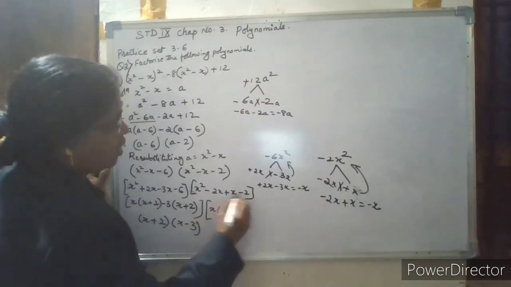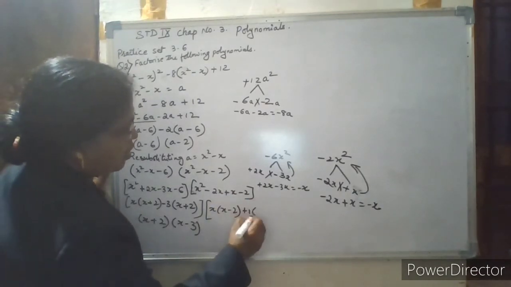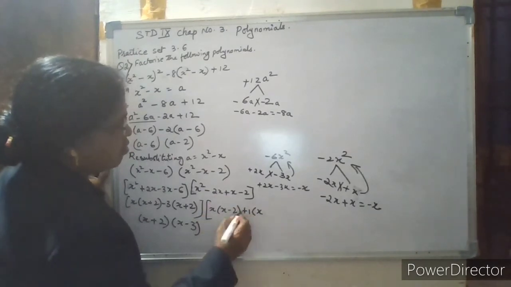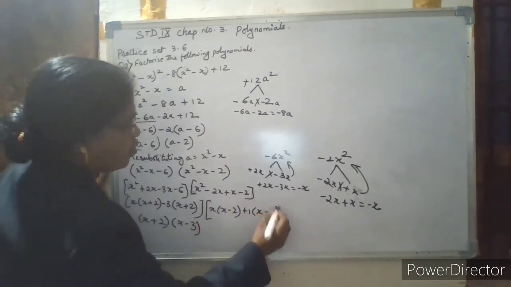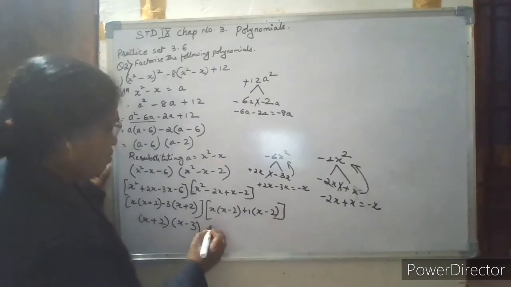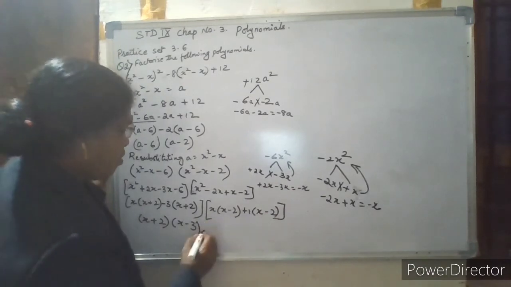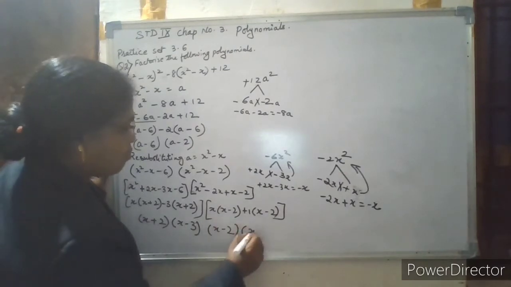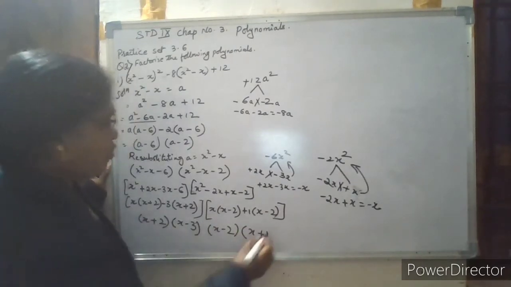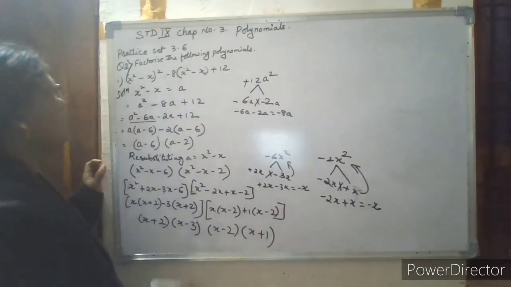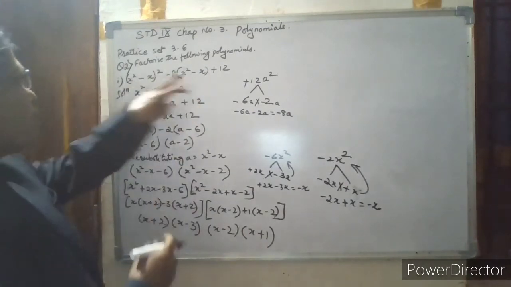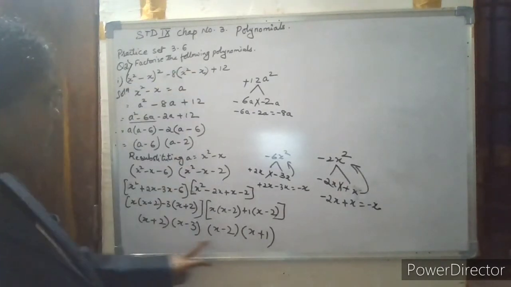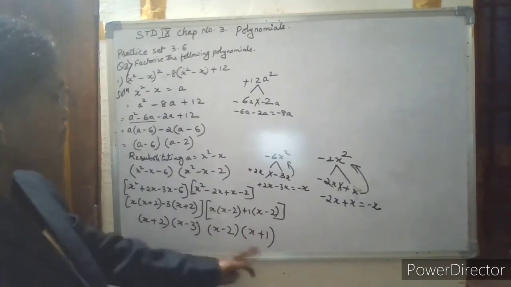Then here nothing is common, so plus 1 into x plus 2, that is minus 2. So we got the factors: the common one, that is x minus 2, and the other one is x plus 1. Therefore, the given polynomial is factorized as 1, 2, 3 factors.